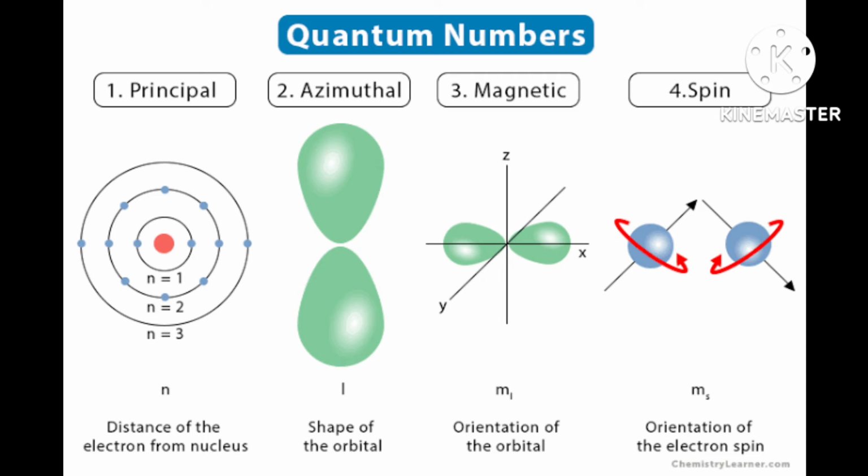If subcell is P, then two orbitals will be there, 0 and 1, that means S and P orbitals. If 3, then 3 orbitals, S, P, D. If 4, means 4 orbitals, S, P, D, F.